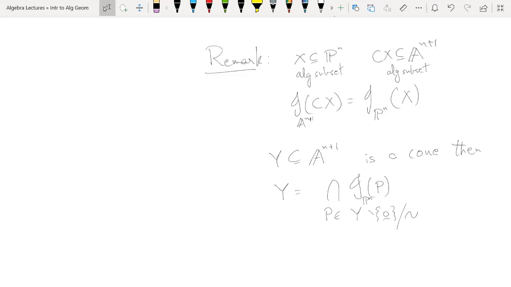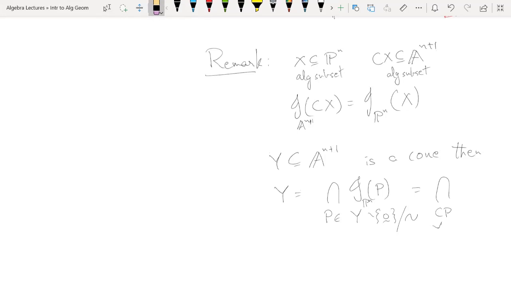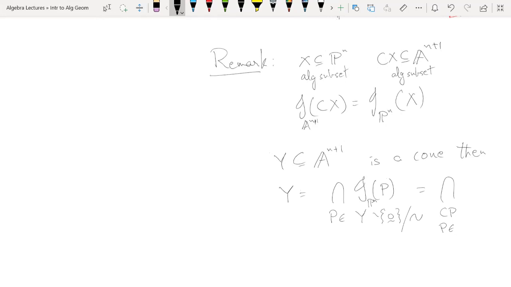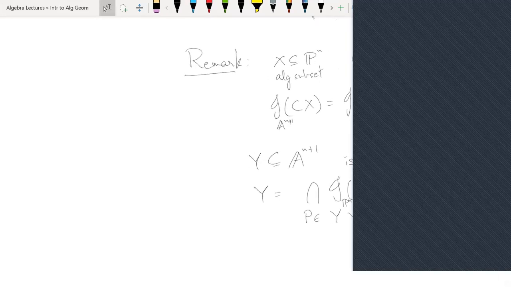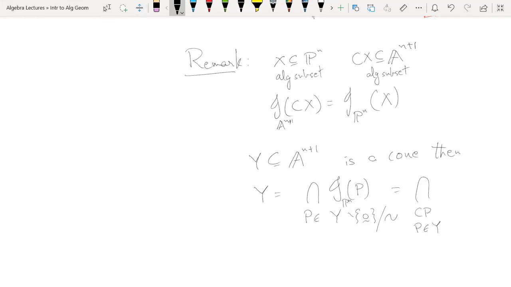This is the same as the intersection of the cone of a point, I_{A^(n+1)}(C(P)), for P in Y. Here we are thinking of the ideal of definition in the affine setup.